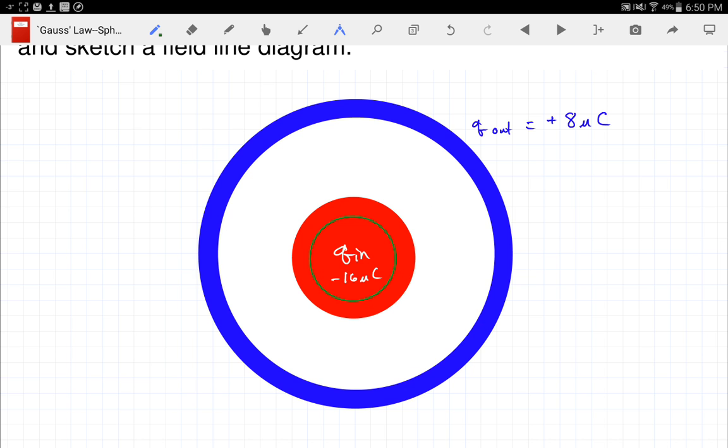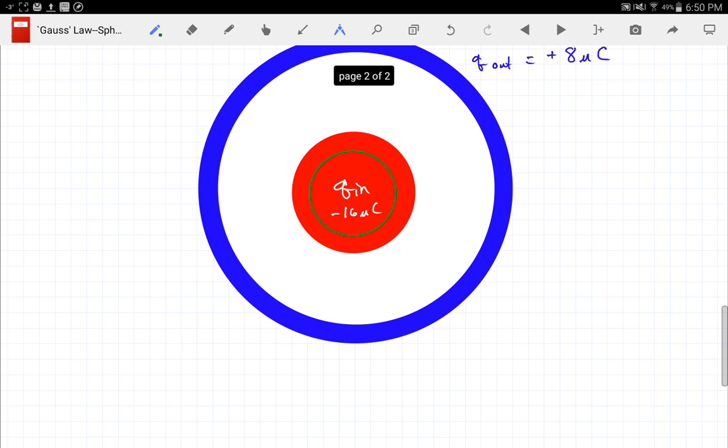So if I make this sphere that's smaller than the radius of the inner shell, I can then apply Gauss's law to it. Flux inside is equal to the sum of the electric field times area times cosine theta over the surface of that green spherical shell.